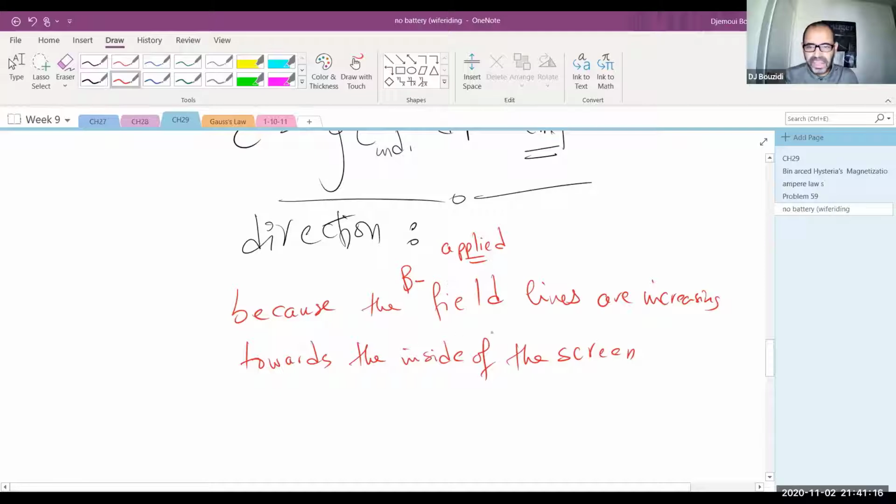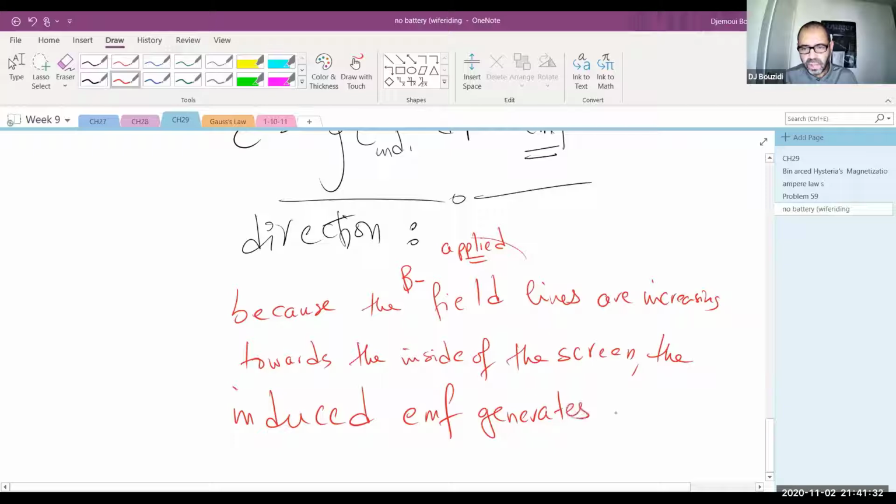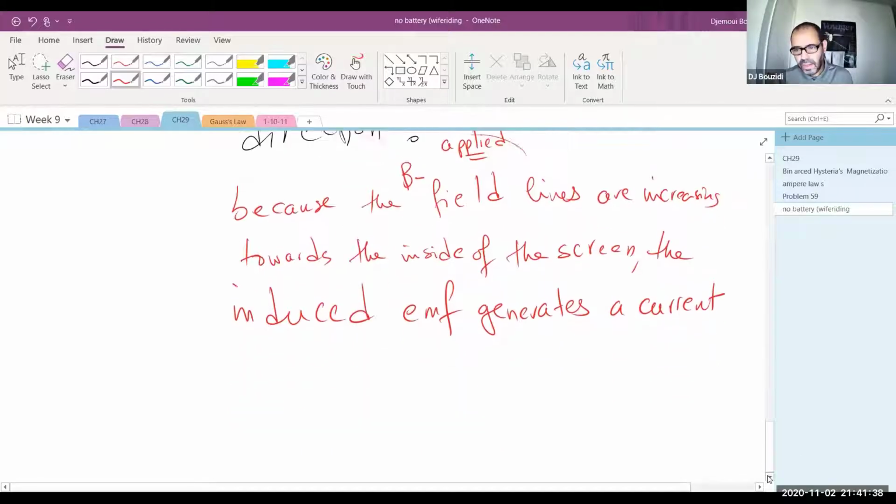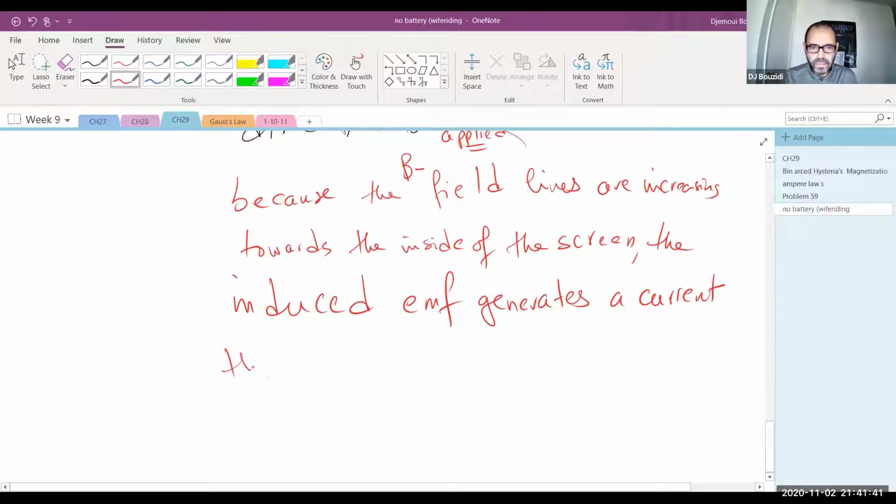Because the B field lines are increasing towards the inside of the screen, the induced EMF generates a current, that is a current that is generated, it's counterclockwise, that current itself now it's running, per Ampere's law is going to create its magnetic field.